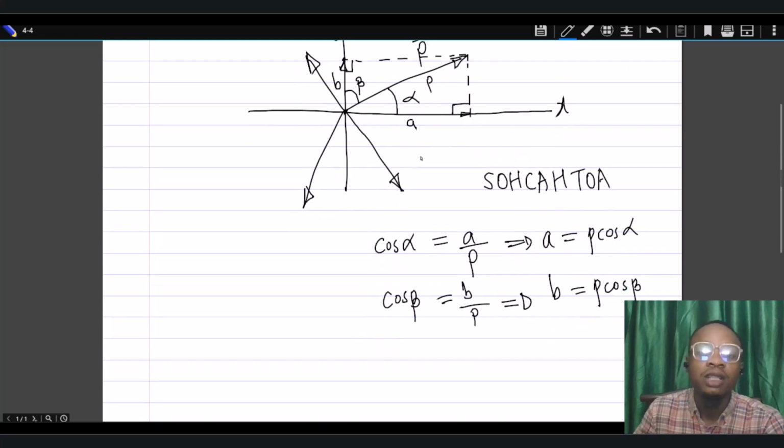Okay, so what if we add the vector here? If we add the vector here, what will be the difference? Then we'll see the angle that it makes with the positive x-axis will be given by this. And the angle that it makes with the y-axis will be given by this. So if we add some other vector, let's say the vector is here, for instance, the angle that it makes with the x-axis will be given by the positive x-axis, please.